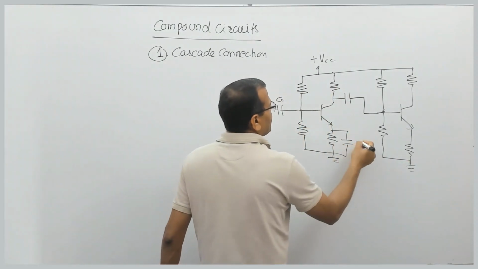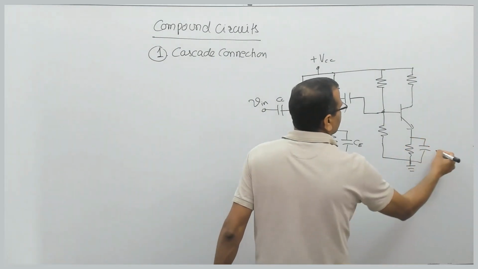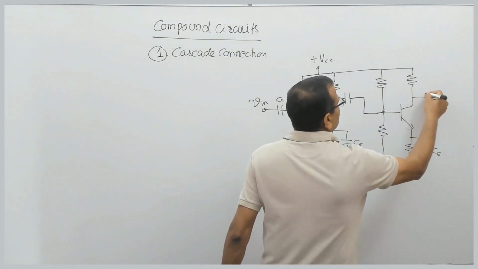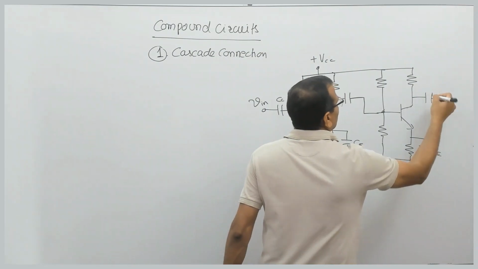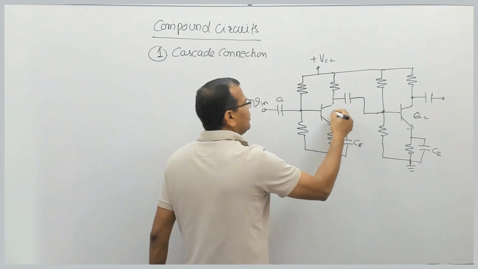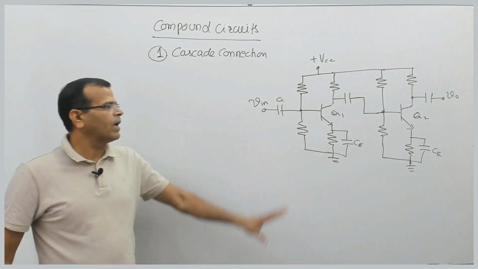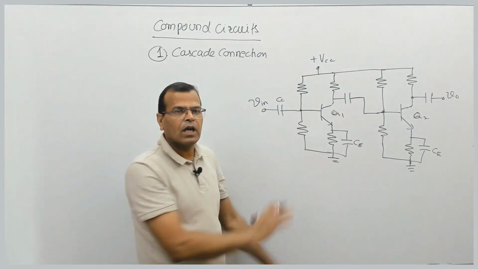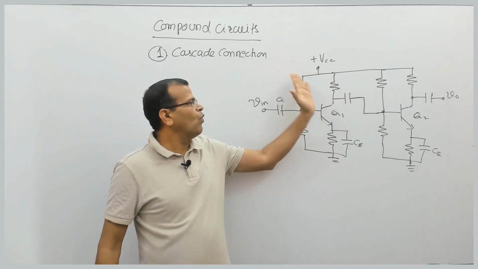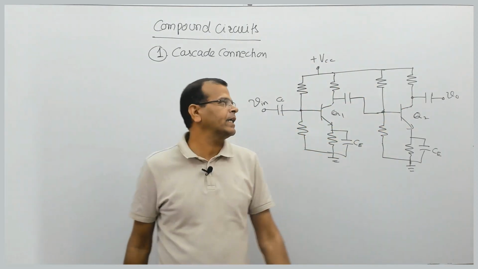This is the emitter bypass capacitor. Then the output of the cascade connection is taken from the collector of the second stage. So this is Q2, this is Q1, this is the output of the amplifier. This is the cascade connection where the output of the first stage is fed to the input of the next stage.